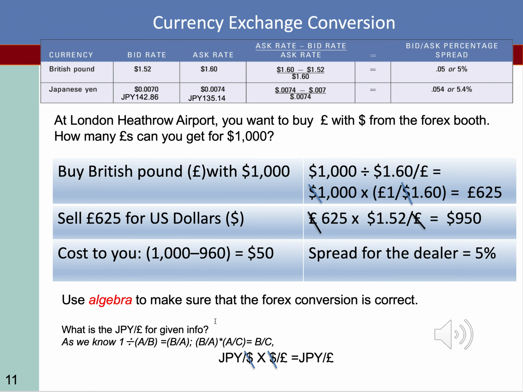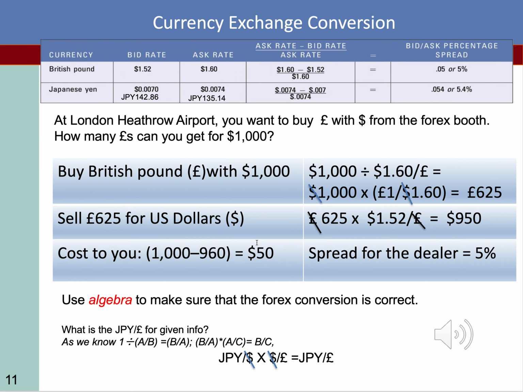According to algebra, B over A times A over C is equal to B over C, as the A and A cancel each other out. So here, the Japanese yen times the dollar versus pound, the dollar signs cancel each other out, and you get Japanese yen per pound. So the algebra method will guarantee to lead you to the right quotation.